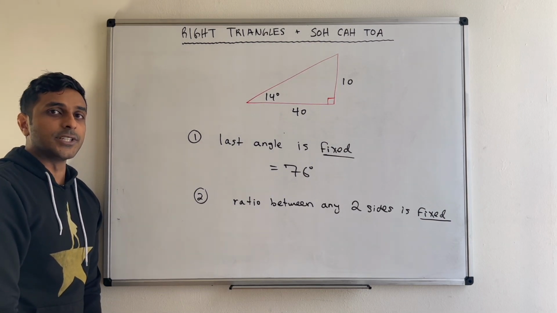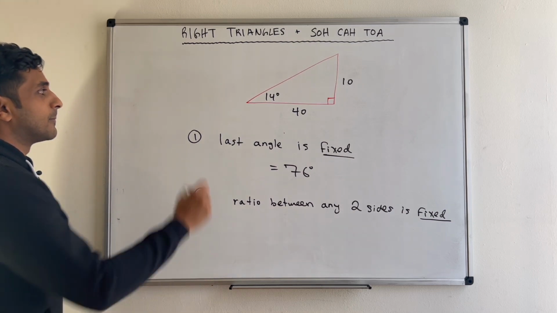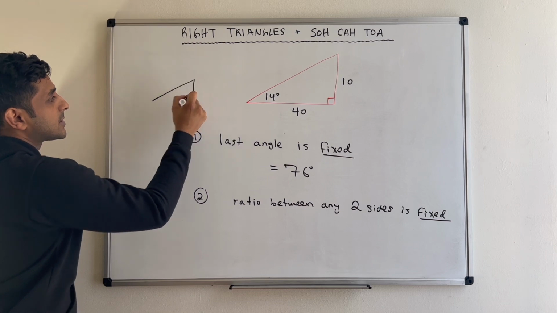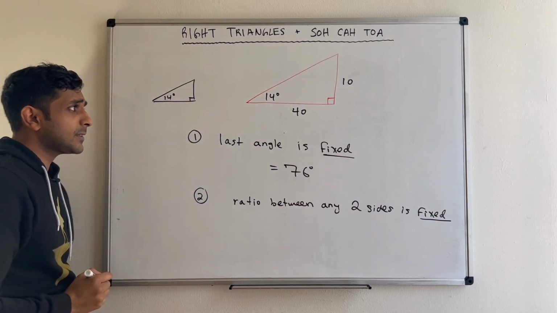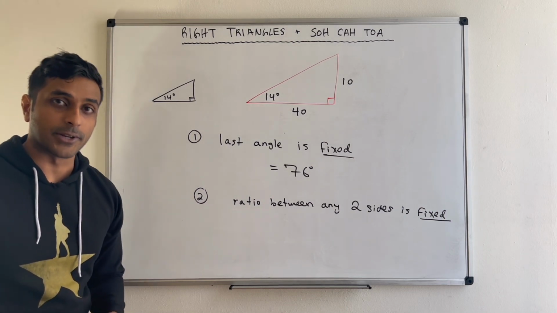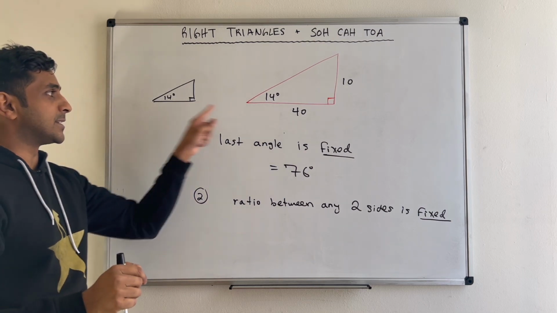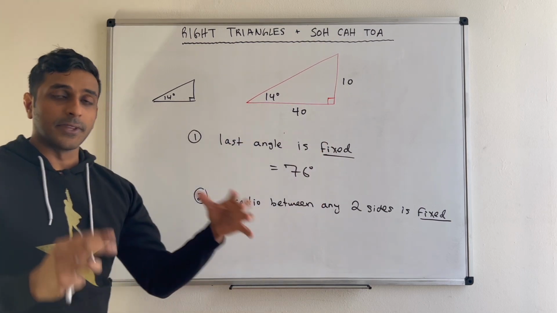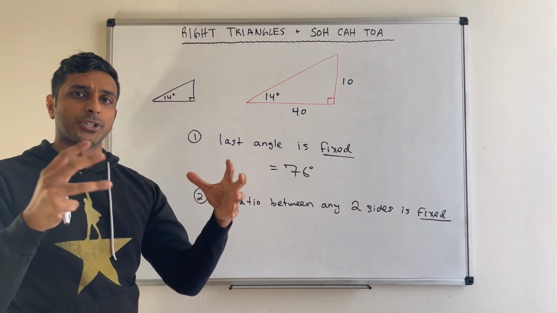Again, we need to reach into our bag of geometry tricks, right? So if you recall from geometry, here's another right triangle with a 14-degree angle in it. One of the facts that we learn in geometry is angle-angle similarity, which is that if you have two triangles and two of the angles are the same, so 14, 14, 90, 90, then the triangles are similar, meaning that they're a zoomed in or zoomed out version of each other.